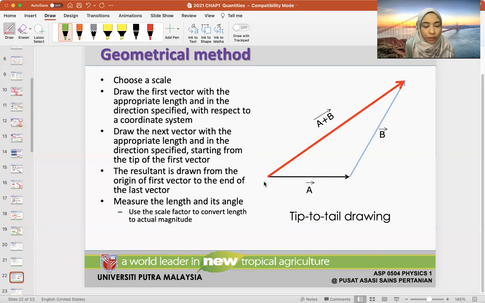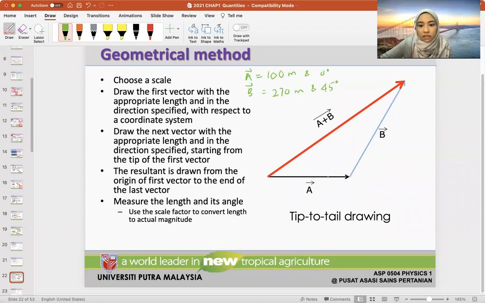Okay, to do the geometrical method, first, you need to choose a scale. Sebab kita nak lukis atas paper. For example, I give you A vector is equal to 100 meter and 0 degrees. B vector is 270 meter and, okay lah, 45 degrees looks logical.